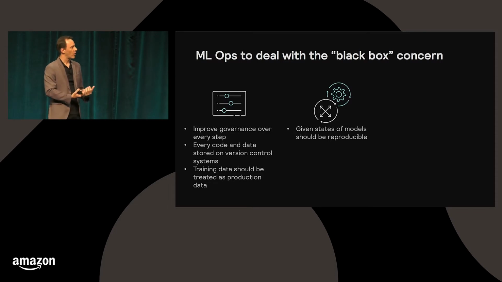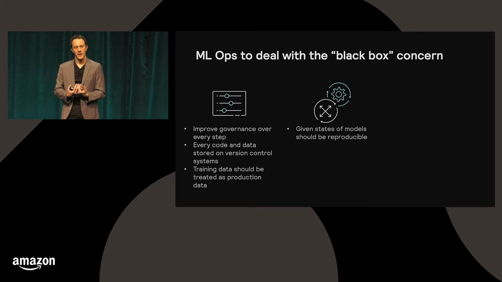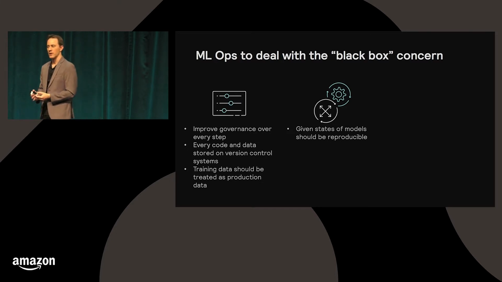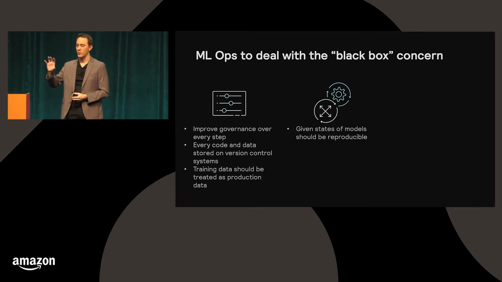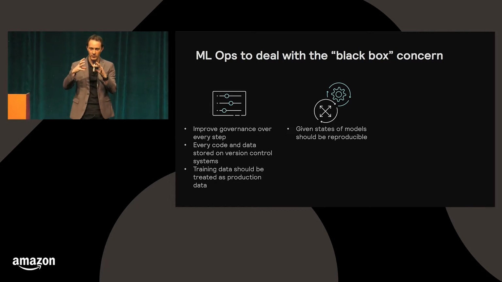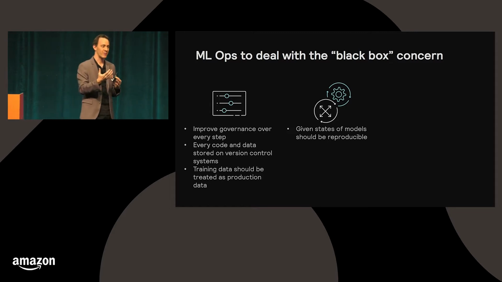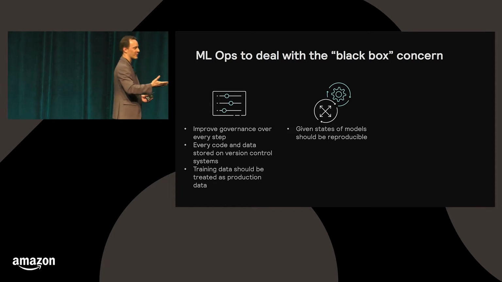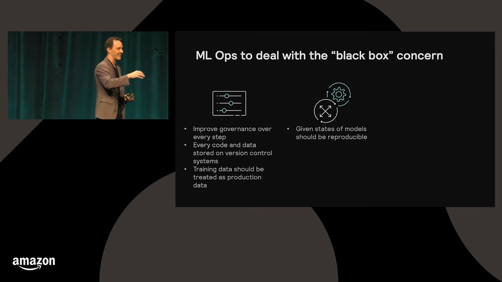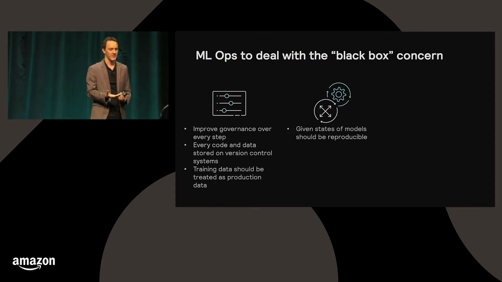So if I store all of this information, I should expect at any moment a given state of a model to be reproducible. It does not mean that I'm going to have the same result, the same model, because as we know, especially for deep learning, the first values for weights created have some randomness there.